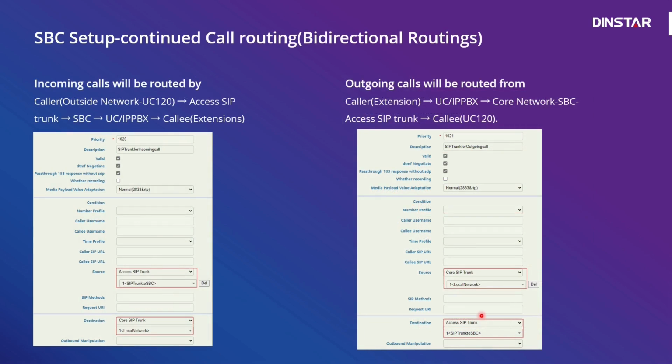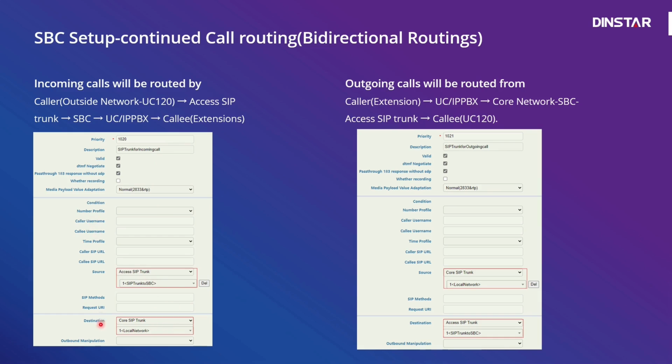And we have set up the configuration. After that, you have to make a call routing. Make sure your internal call and outgoing call are set up correctly. Then your SBC will go through your PBX, or your PBX will go through your SBC to outside people. Here I just named the route, and you use the access network and go to the core network.